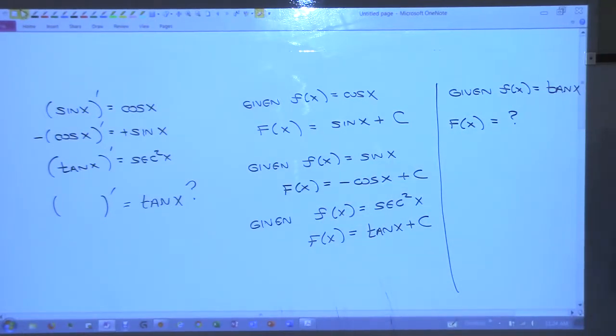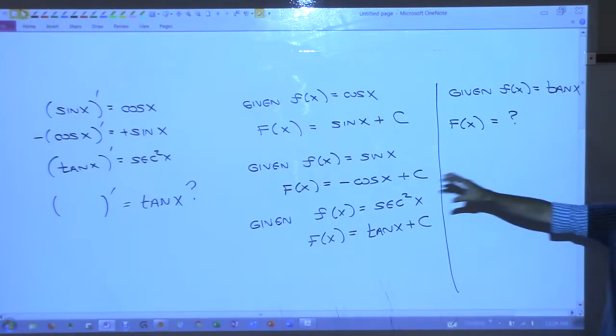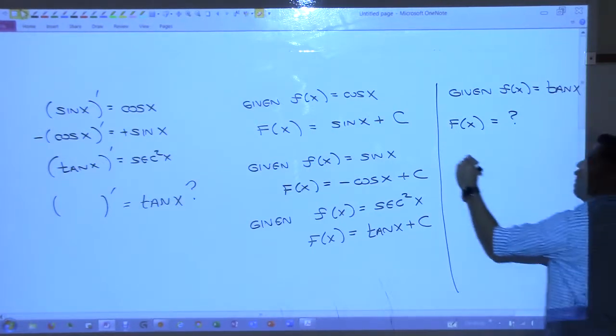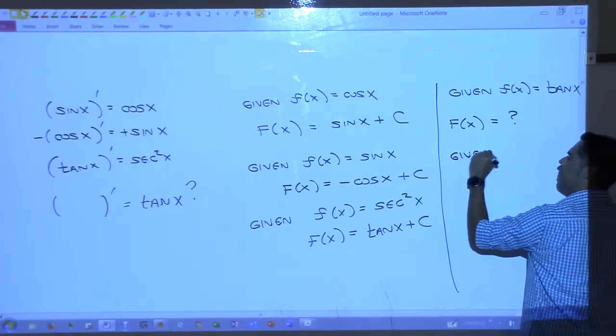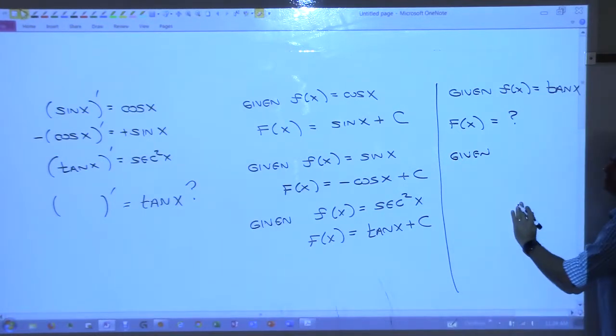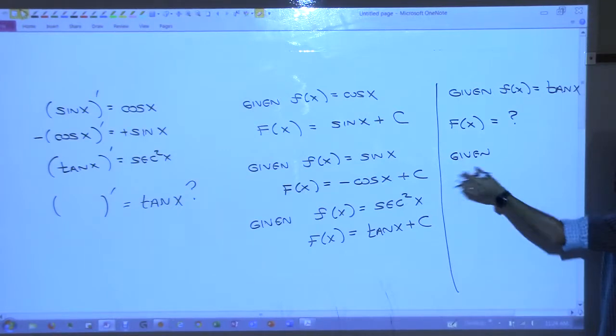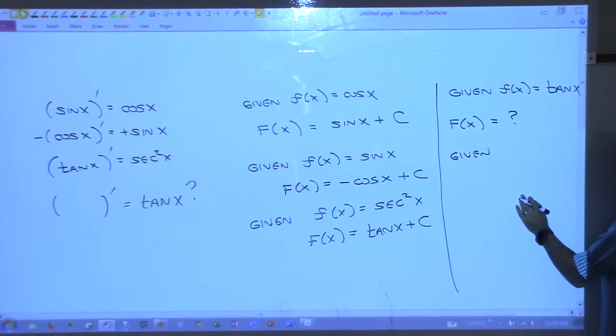What would be another one in terms of trig stuff that we do know? How do you mean? If we're given, you have to give me something that you know the derivative of over there. Cosecant.